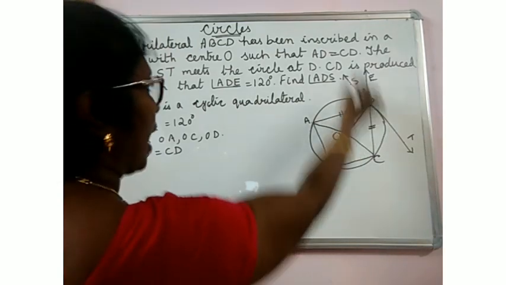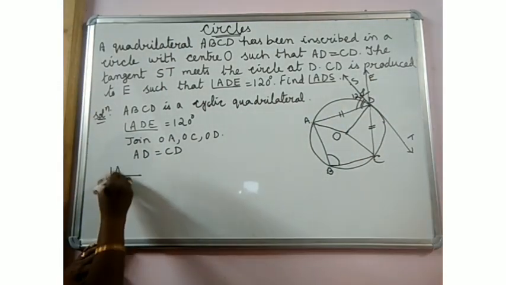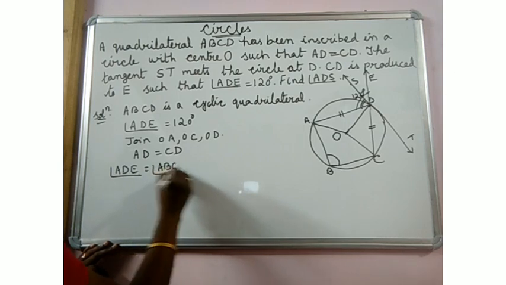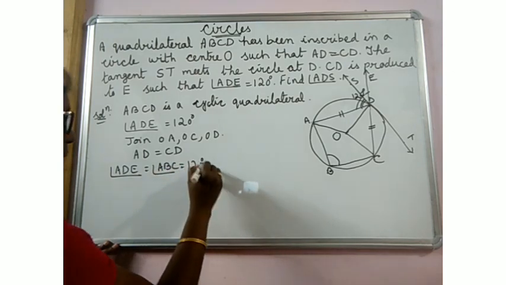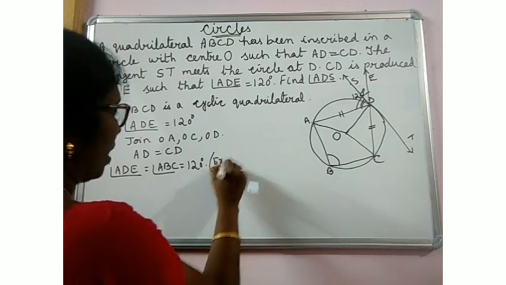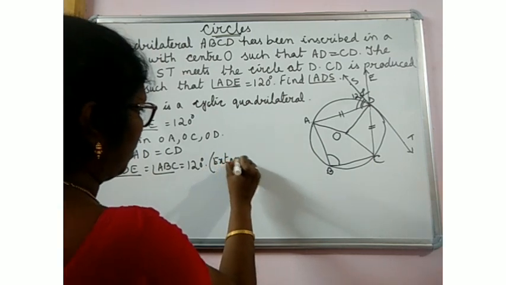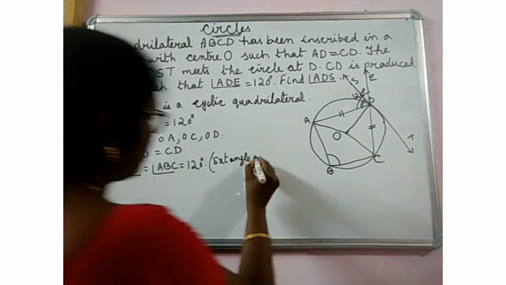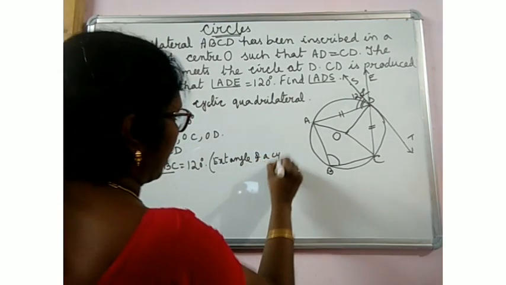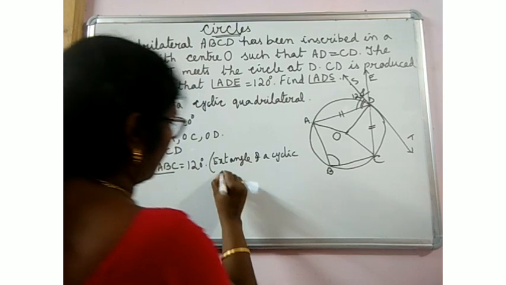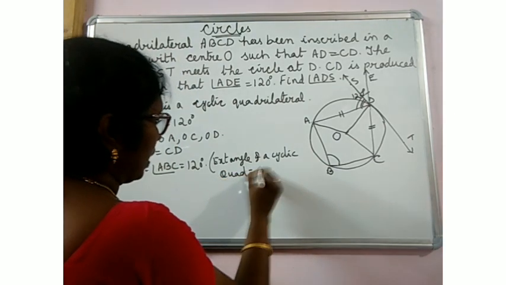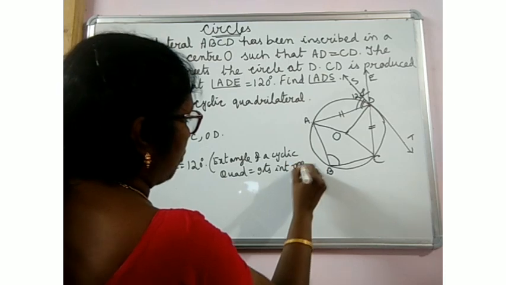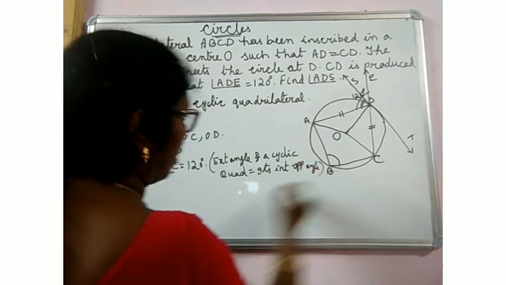So now angle ADE is equal to angle ABC, which is equal to 120 degrees, because the exterior angle of a cyclic quadrilateral is equal to its interior opposite angle.